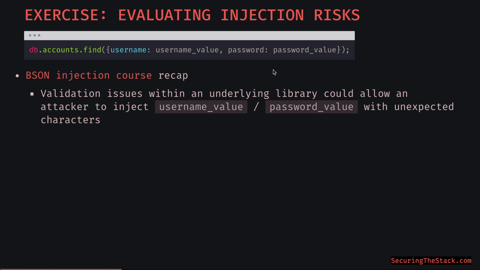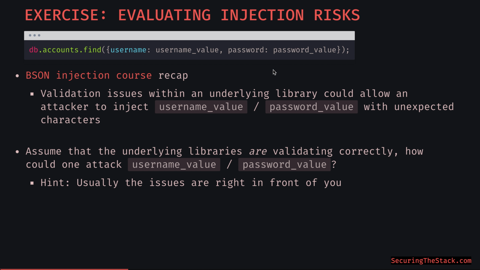So, okay, we saw that. But now, assume that the underlying libraries are validating everything correctly. In other words, username value and password value only accept types and characters that are allowed by the underlying library. Let's just assume that. Given that information, how could one still attack username value and password value?